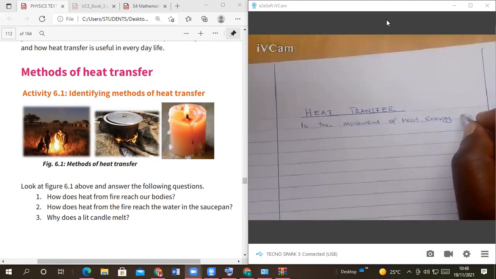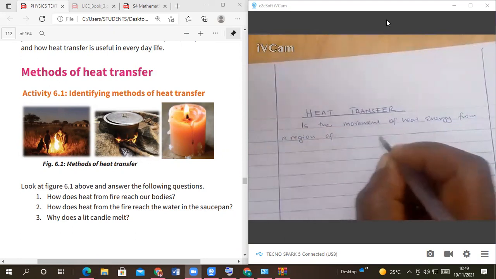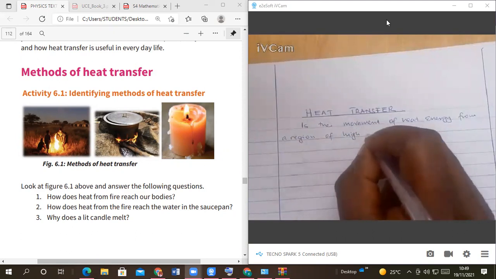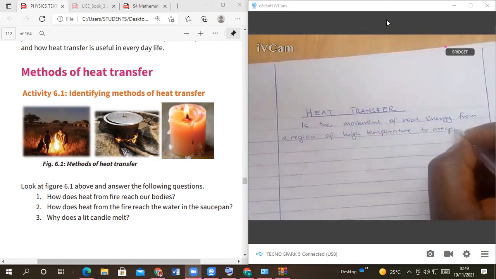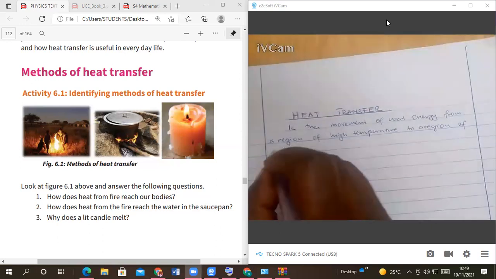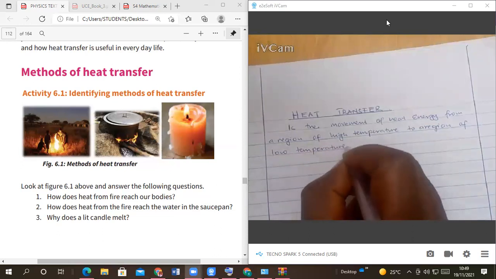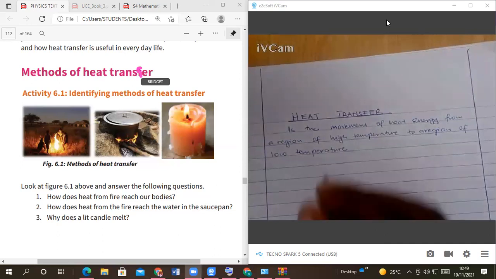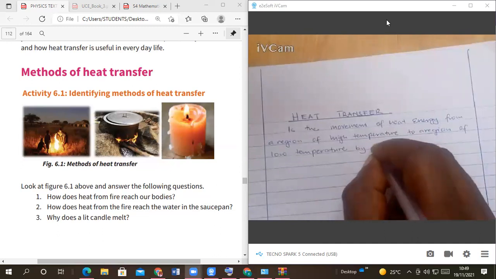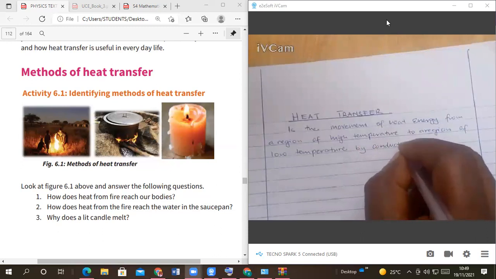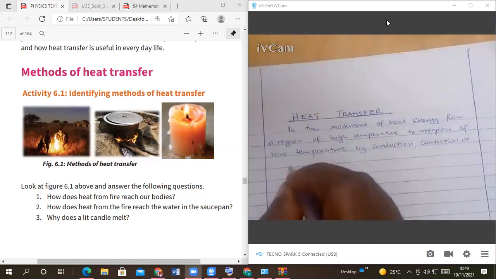Heat transfer is the movement of heat energy from a region of high temperature to a region of low temperature, by conduction, convection, or radiation.